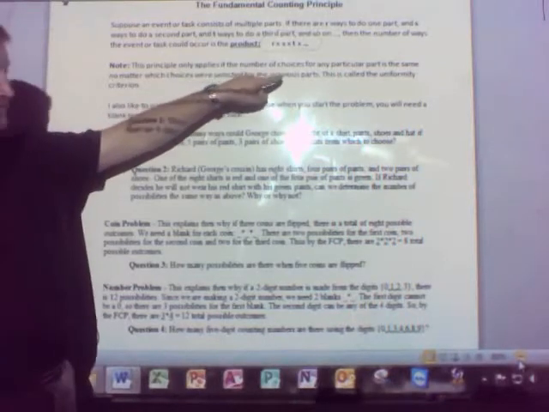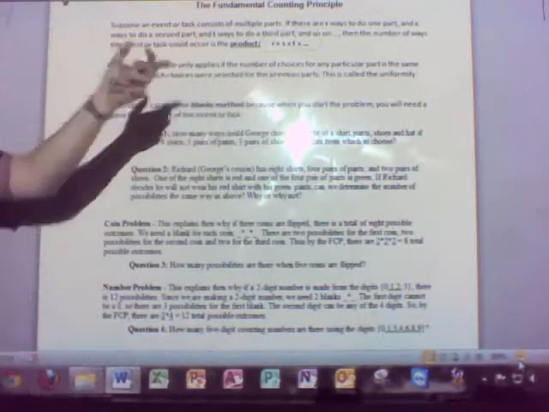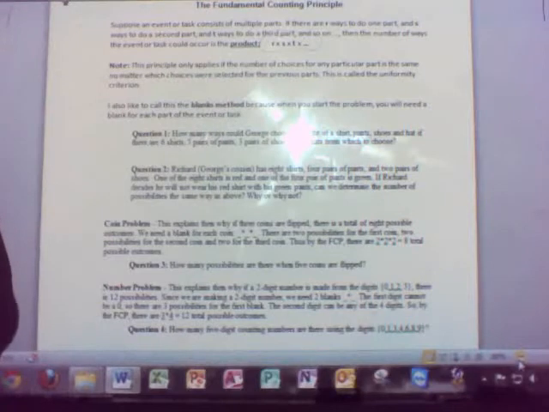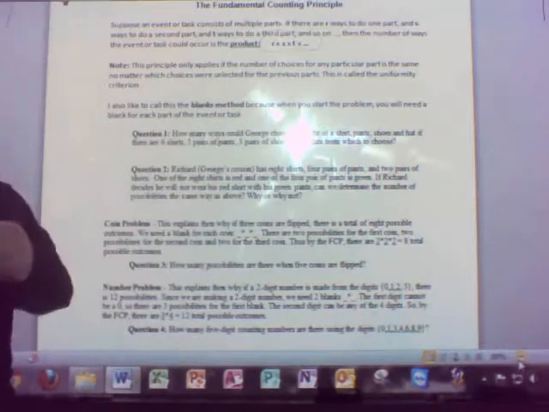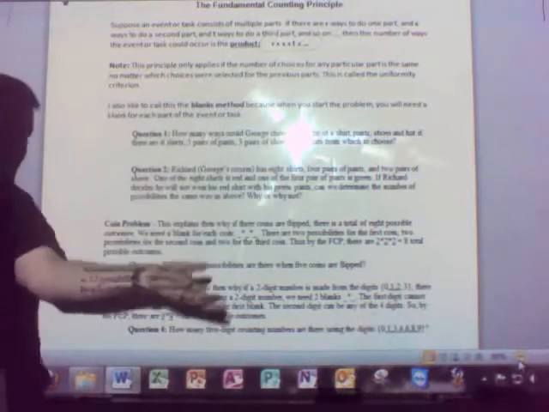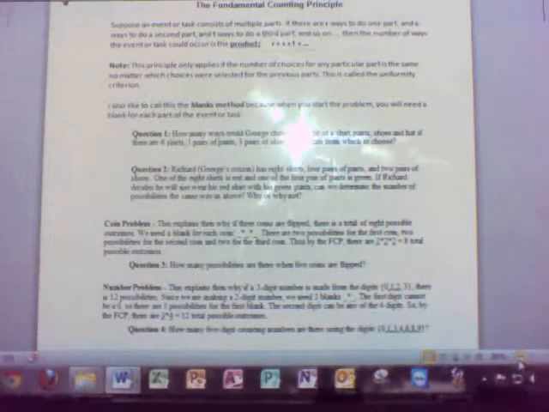Each particular part has the same number of choices no matter what. So for his green shirt he has 3 choices for his pants. For his white shirt he has 3 choices. Okay, we'll talk about that more, but there is a uniformity criterion for this to work out.